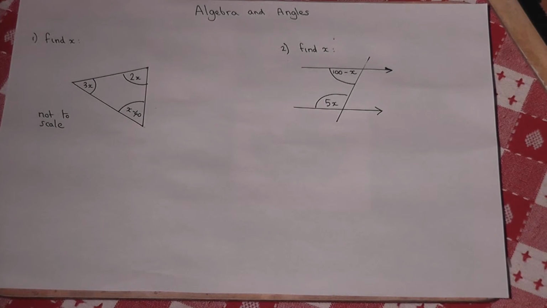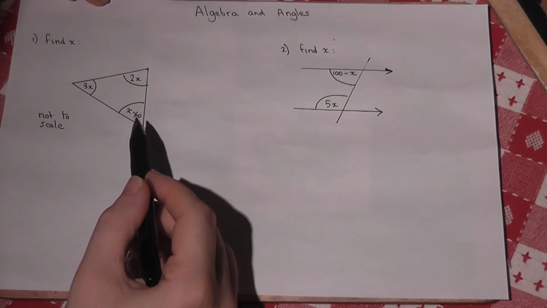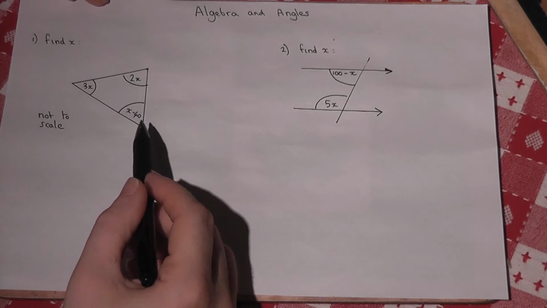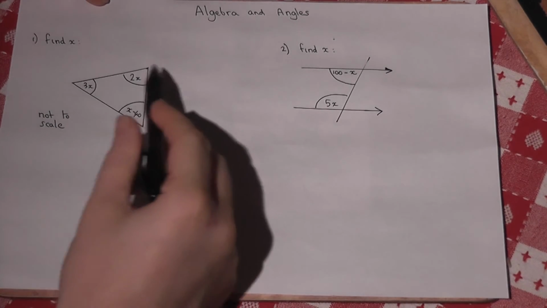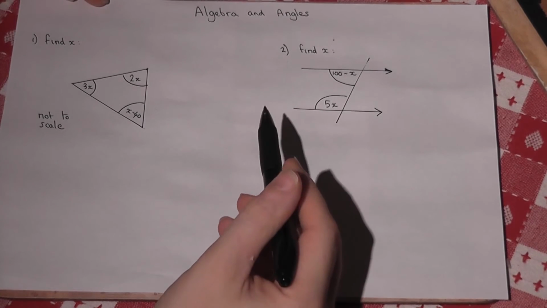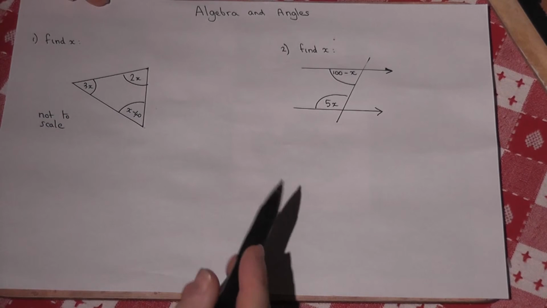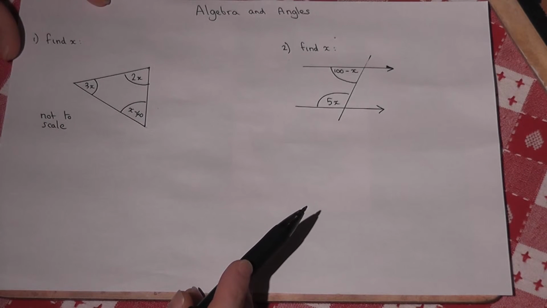The exam questions often require you to apply algebra within a shape and space example, often triangles. They always say not to scale, so you can't measure to find x using a protractor. Anyway, we know that in a triangle the angles always add to make 180.